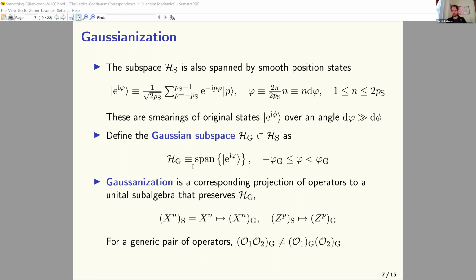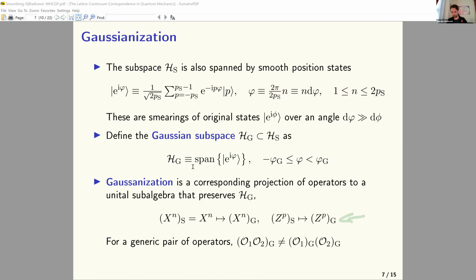So you kind of see where I'm going. In the first step in smoothing, I restricted to just low momentum states, and now I'm restricting to small fluctuations around a certain point. So the remaining states are what we may call Gaussian states. They're localized in both position and momentum space. And the corresponding projection is now perhaps a little bit less trivial to work with. In particular, it doesn't leave either operator invariant.